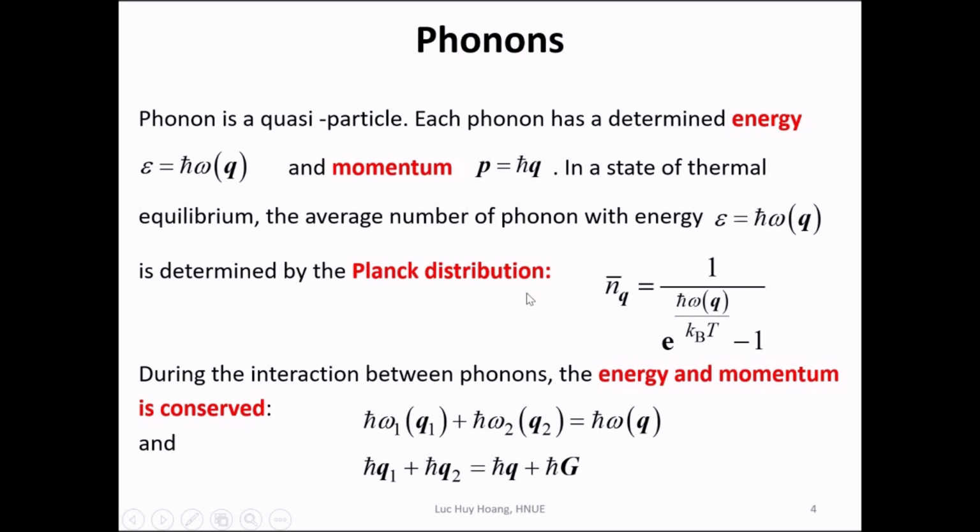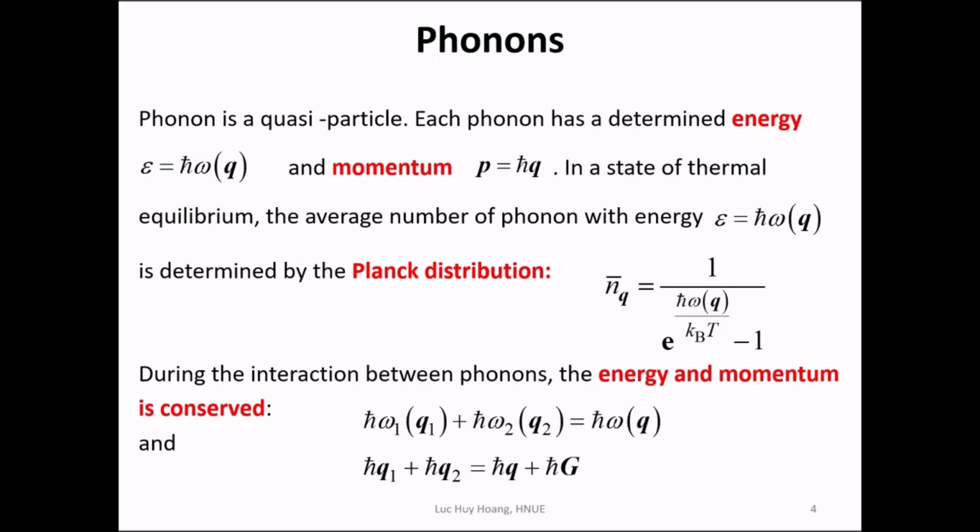Okay, so now remember, we consider the vibration of the system by quantum physics. The vibration is quantized. And now the system contains phonons. Phonons have energy, have momentum, have the distribution equation we call Planck, and how do phonons interact with each other?